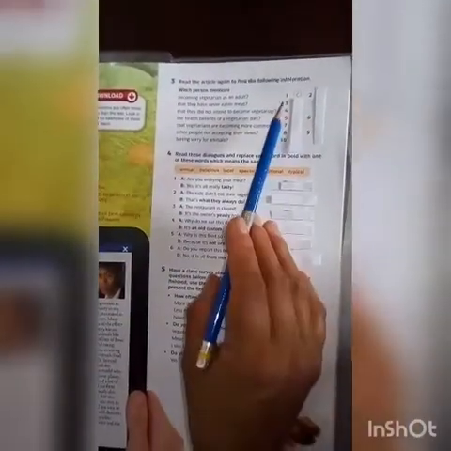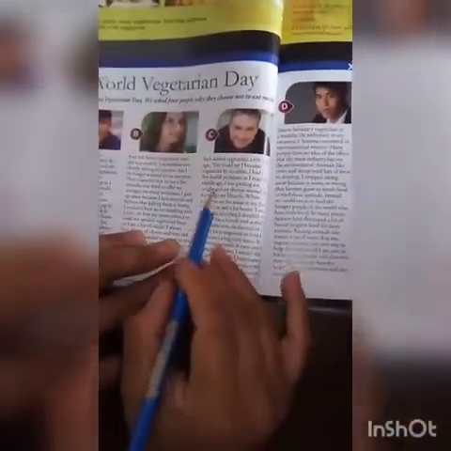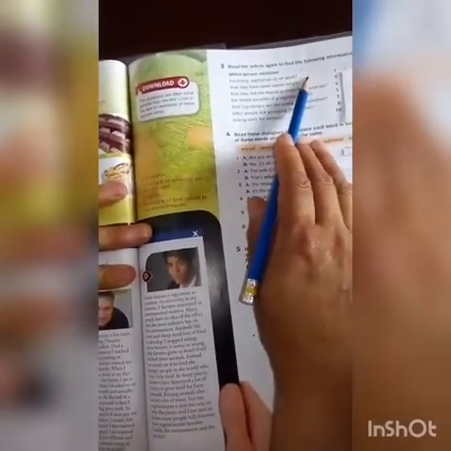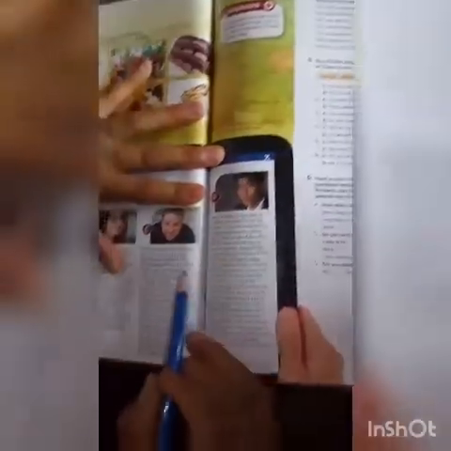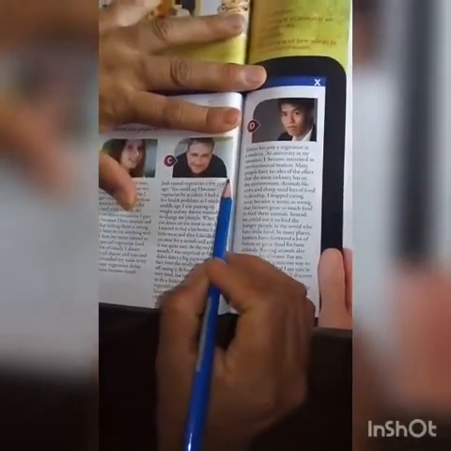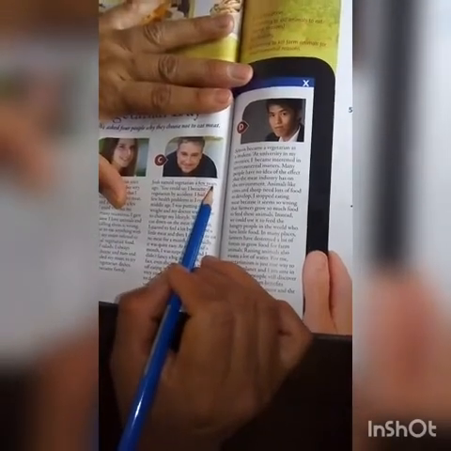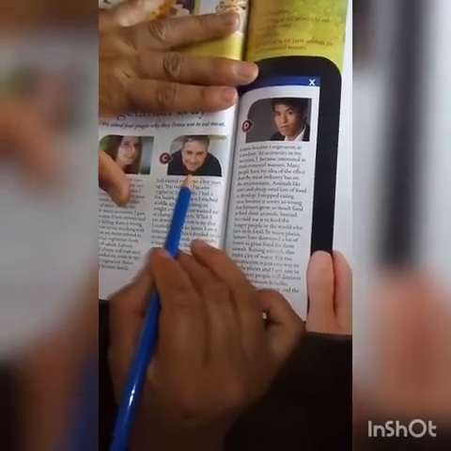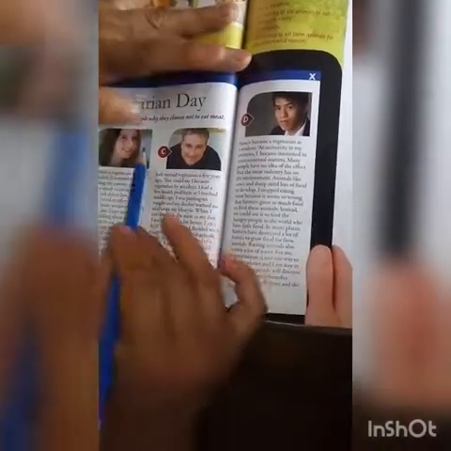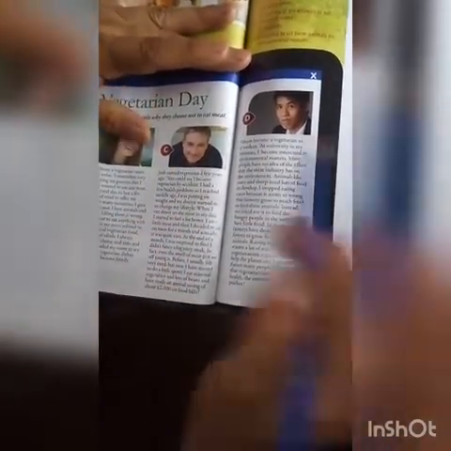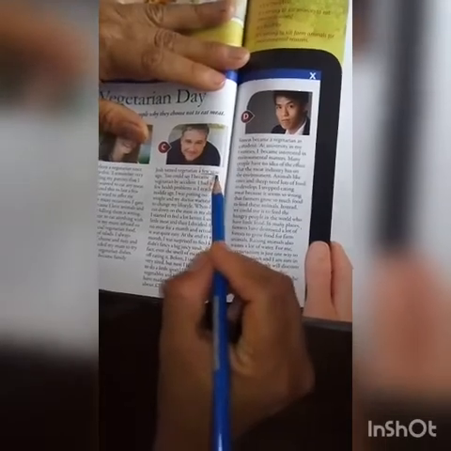So here it's option C. Okay, so what you're going to do is underline why, here it mentions becoming vegetarian as an adult. So you are going to see here, few years ago. Yes, if here it says few years ago, obviously you are going to notice that it's an adult person. It doesn't have to do with anyone else. So you are going to underline why you choose letter C.